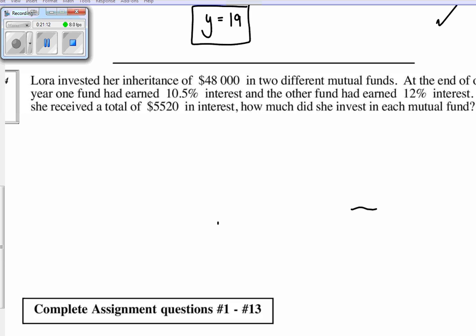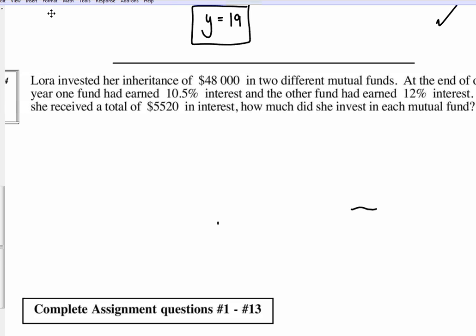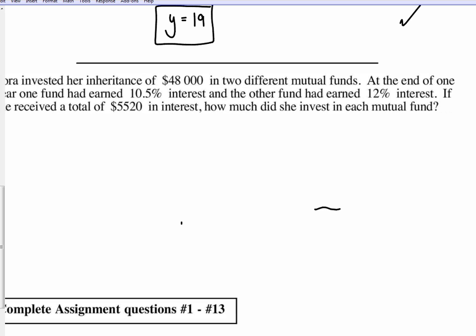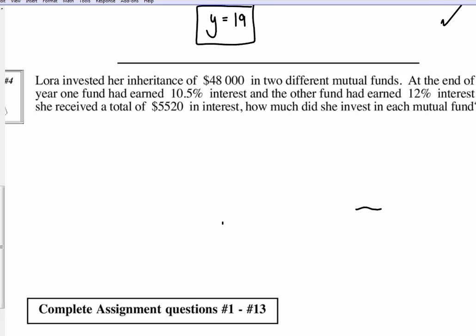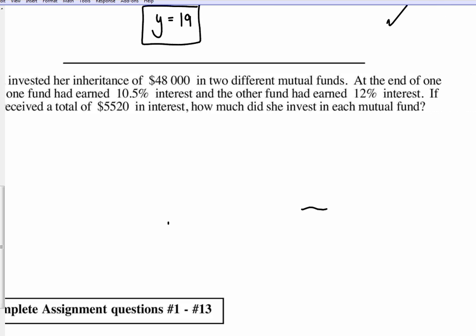Okay, Laura invested her inheritance of $48,000 in 2 different mutual funds. At the end of 1 year, one fund has earned 10.5% interest, and the other earned an average of 12% interest, okay? If she received a total of $5,520 in interest, how much did she invest in each mutual fund?